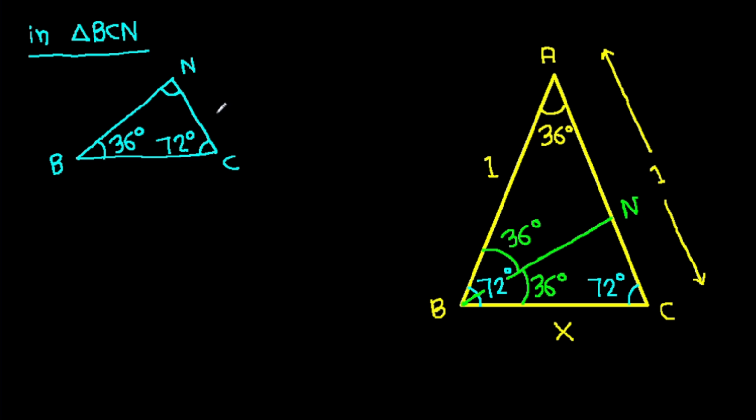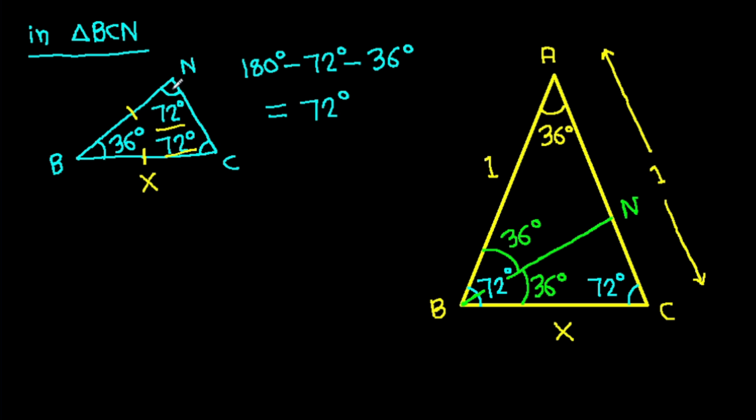So this angle, it will be 180 degrees minus 72 degrees minus 36 degrees, that will be 72 degrees. So it is 72 degrees, and these two angles are equal, that means BN, it will be equal to BC, and BC is X, so BN, it will be also X.